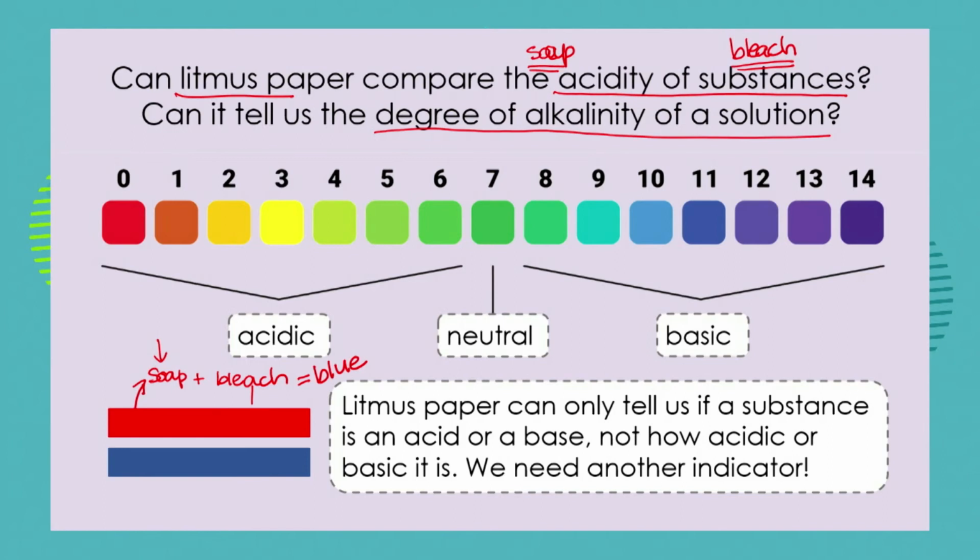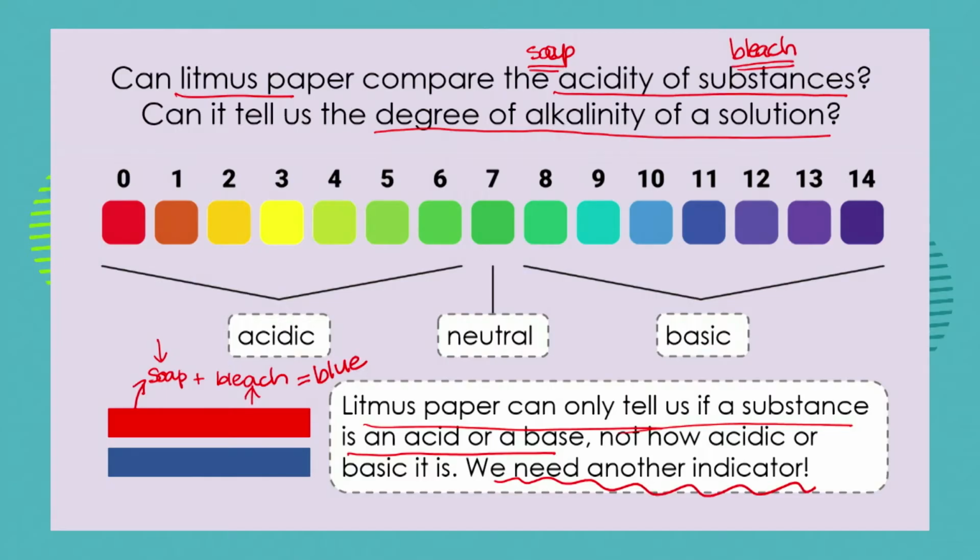It's not going to show us light blue and dark blue, for example. Litmus paper can only tell us if a substance is an acid or a base. It can't tell us how acidic or how alkaline the substance is. It just says yes, base or acid.